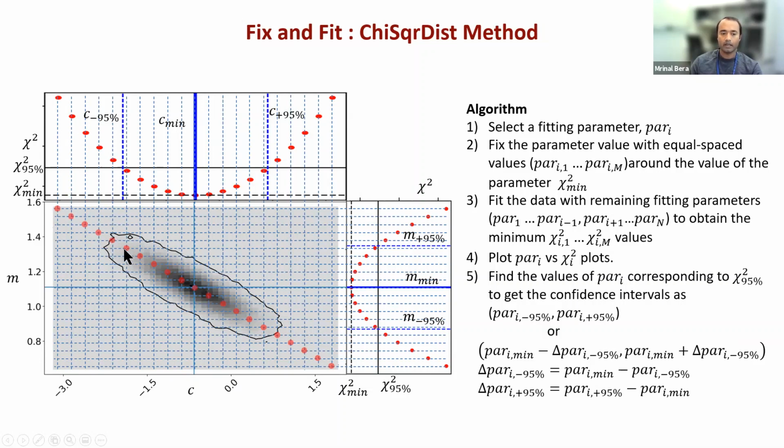When we are fitting the data in different spaces, we are going along this direction. But in the MCMC method, we are integrating along this direction. This gives you a different distribution compared to whatever we get from the chi-square distribution method, or fix and fit method. So that's why the error bars you obtain from fix and fit are larger than the error bars you get from the MCMC method.